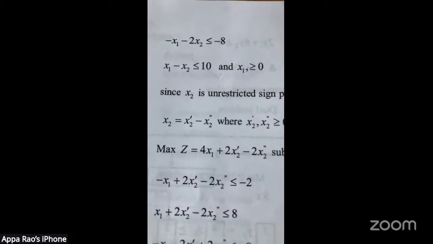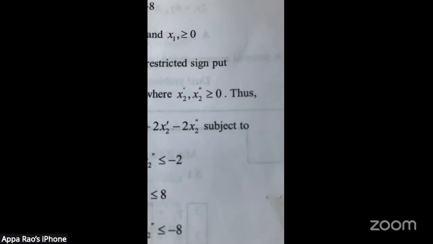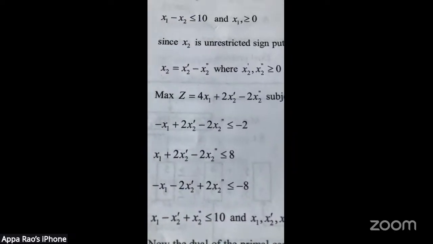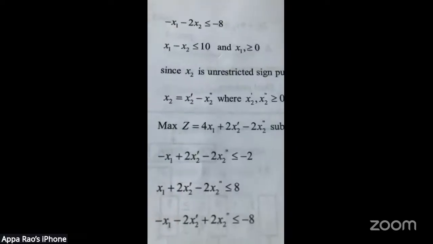Since x2 is unrestricted in sign, put x2 equal to x2 dash minus x2 double dash, where x2 dash, x2 double dash greater than or equal to 0.